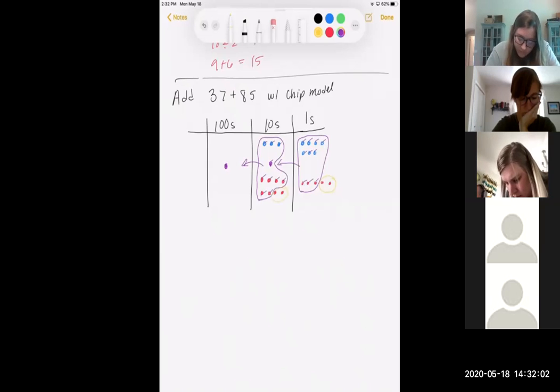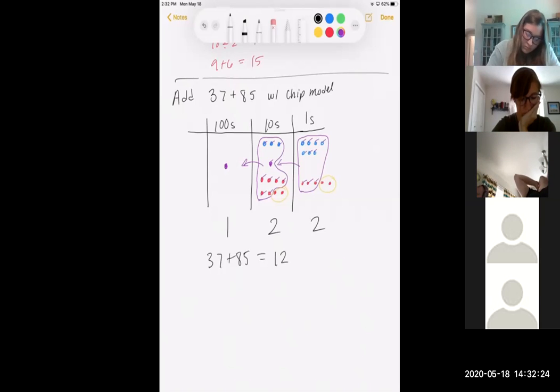I have 2 of those left over. And so once I've done that grouping, I can go ahead and write my numbers down: there's 100, 2 leftover tens, and 2 ones. Okay, so 37 plus 85 is equal to 122.